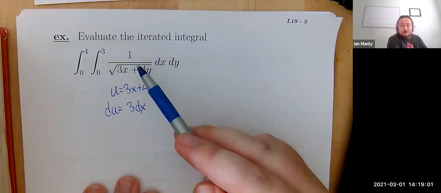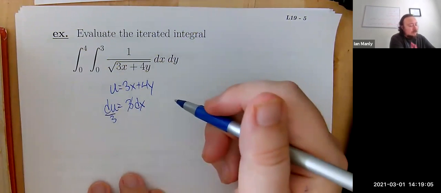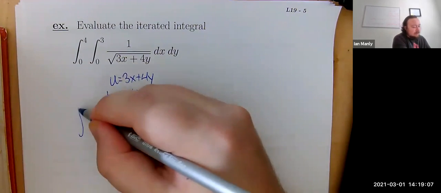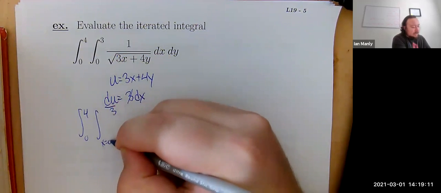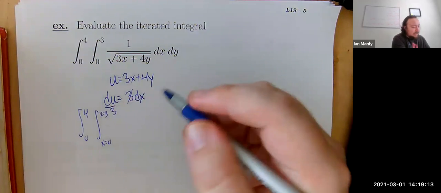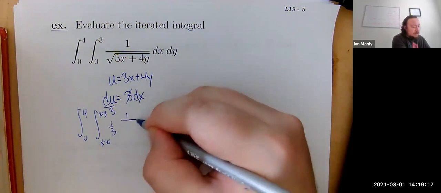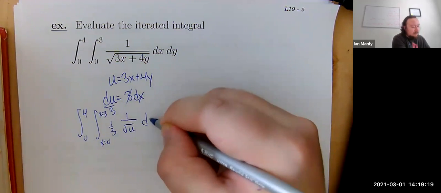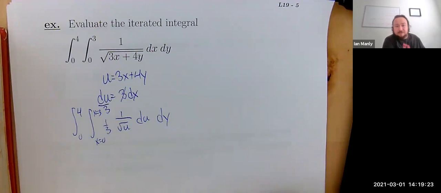We don't have an extra 3 laying around here, so I'm just going to divide by 3. When I plug in my u, going from x is 0 to x is 3, this is going to be 1/3 times 1 over the square root of u du, and then we still have this y integral to do later.